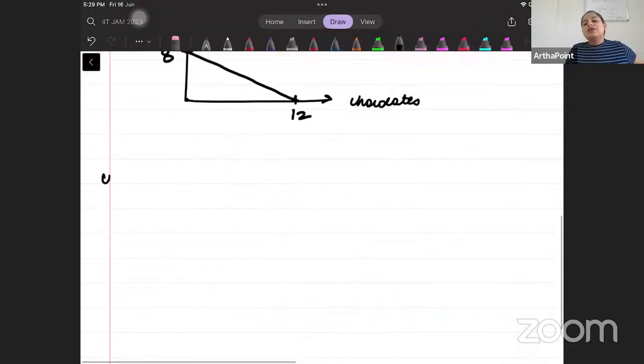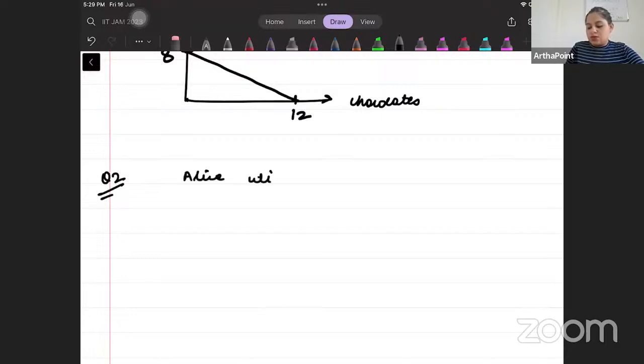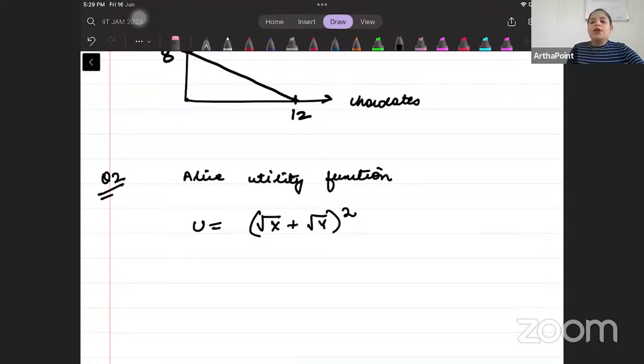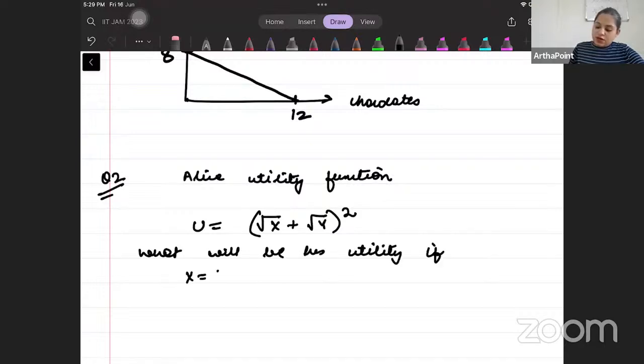Now you're given that Alice's utility function is given to you as u is equal to root x plus root y, whole square. And you are asked what will be his utility if x is 4 and y is 9.